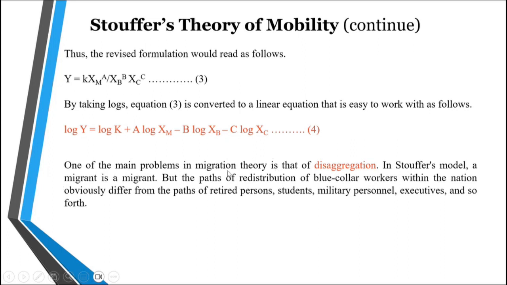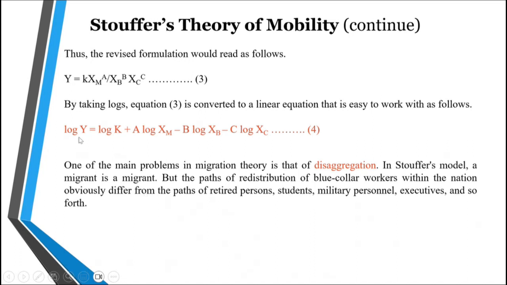One of the main problems of regression theory is this aggregation. Even though you add more detail to this one, it is actually an aggregated theory. Why? Because for the migration here, you see they don't consider different types of migrants. The path of distribution of blue-collar workers within a nation is obviously different from the path of retired persons, students, military personnel, executives, and so forth.